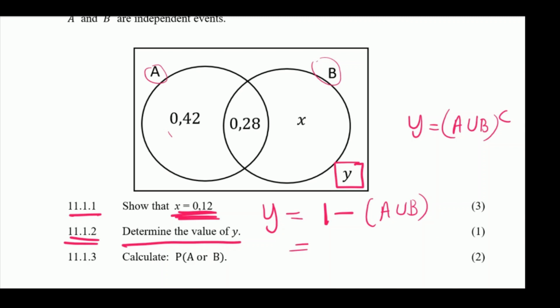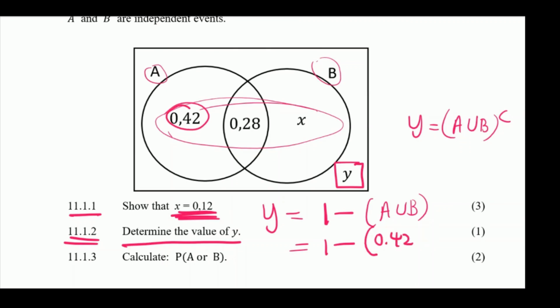What's the union of A and B? Union of A and B, it's everything inside here, right? So it's going to be 1 minus, what is everything inside there? So it's 0.42 plus 0.28 plus, so our x, we're going to add x there, right?